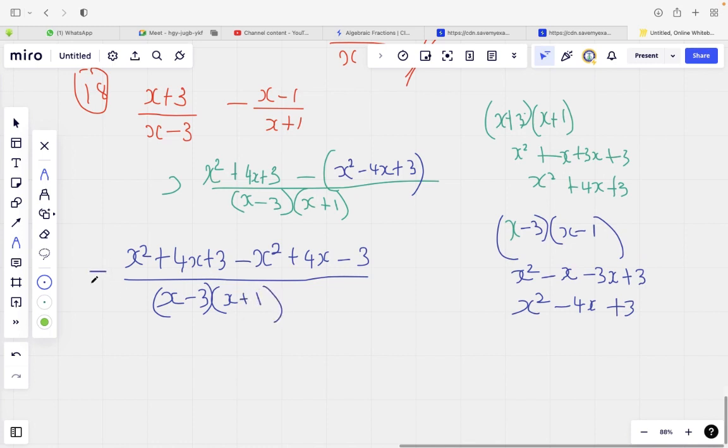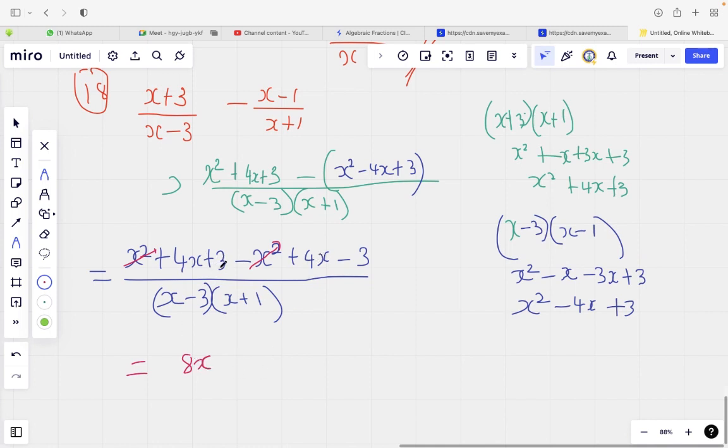Now the next step is to look at this: you have x squared and minus x squared, they will cancel themselves out. Positive x squared will cancel negative x squared. Then you have plus 4x and another plus 4x, it becomes positive 8x.